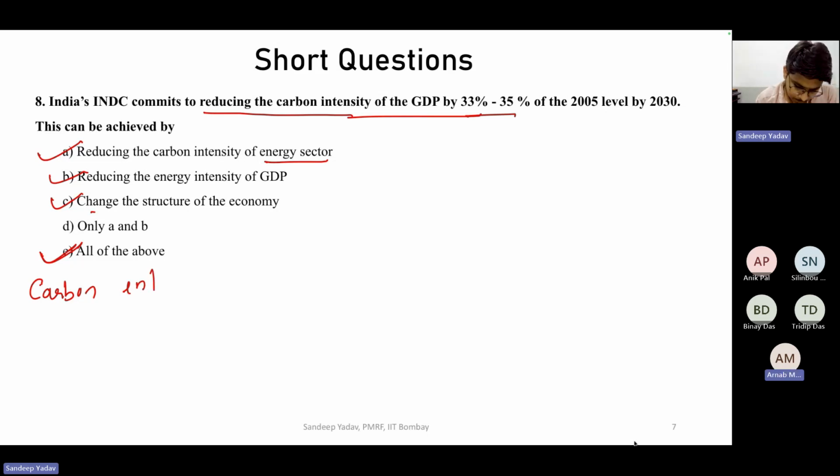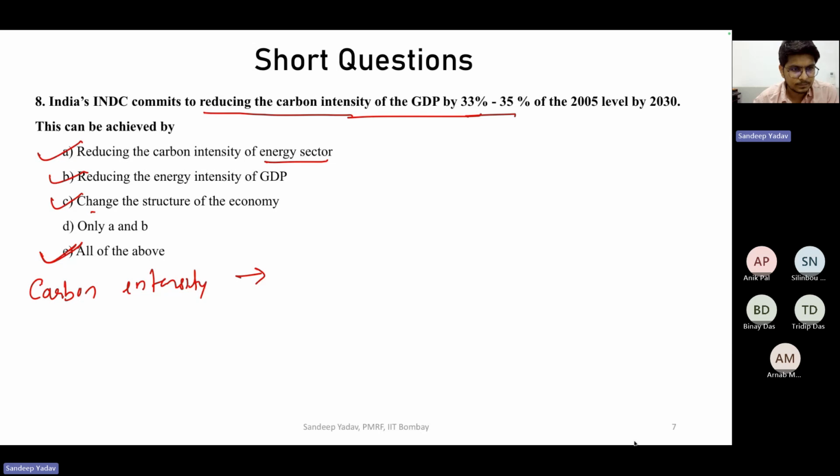Sir, good evening. Good evening. Sir, option C states change the structure of economy. Is it the same as changing the structure of the energy sector? It's asking about the structure of economy.